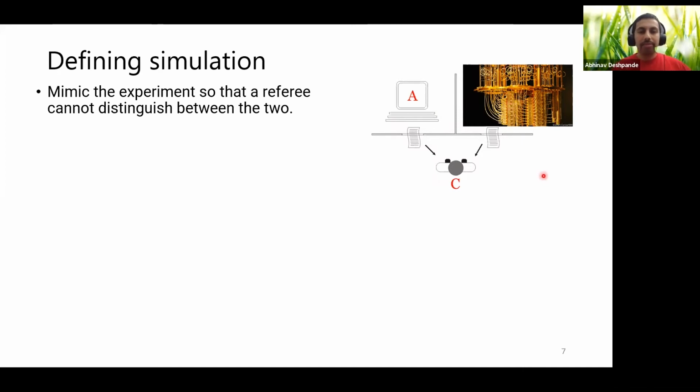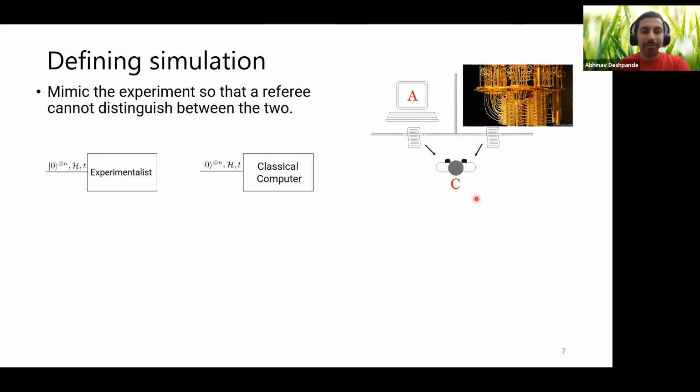Intuitively, the classical computer is successful at simulating the quantum computer if the referee cannot tell which transcript came from which side.